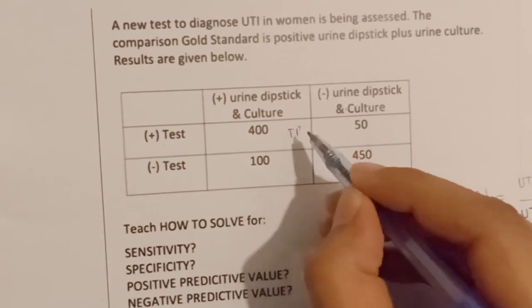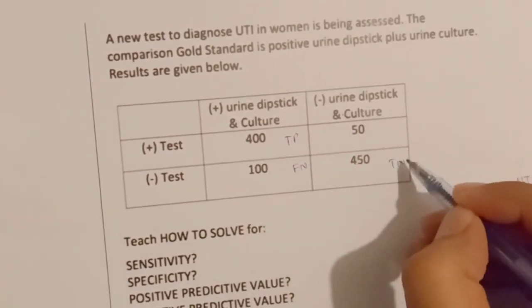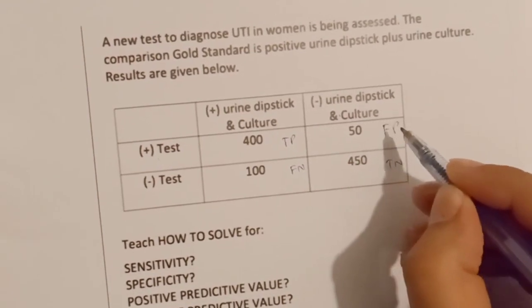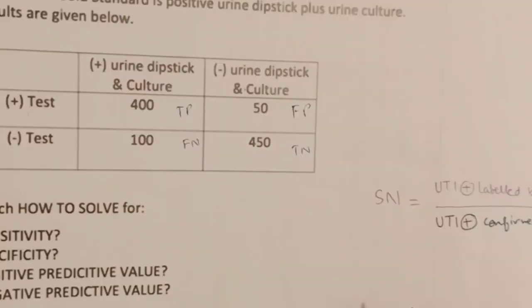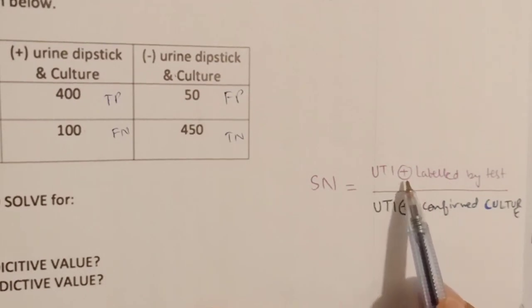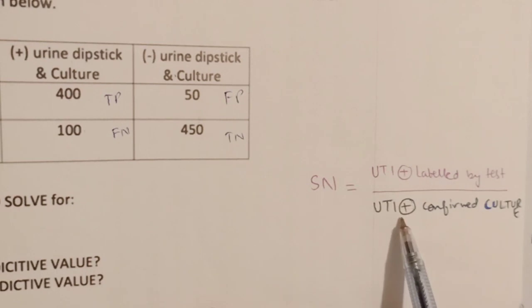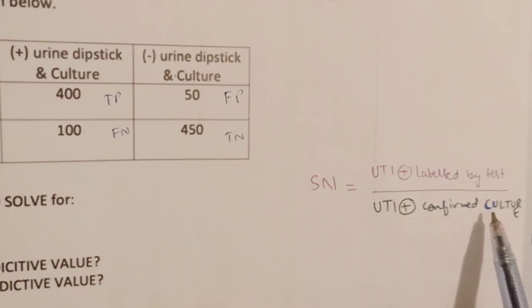This was true positive, this was false negative, this was true negative, and this was false positive. As we have said, sensitivity is the ability of a test to catch true positives. So the formula will be: UTI positive patients labeled by the test divided by UTI positive patients confirmed by the culture.